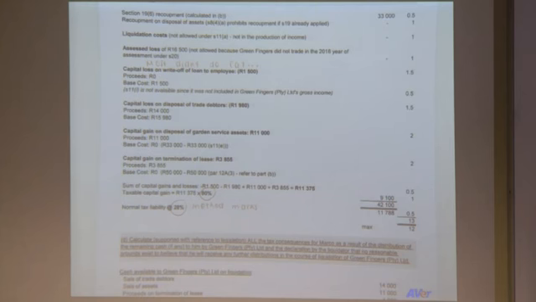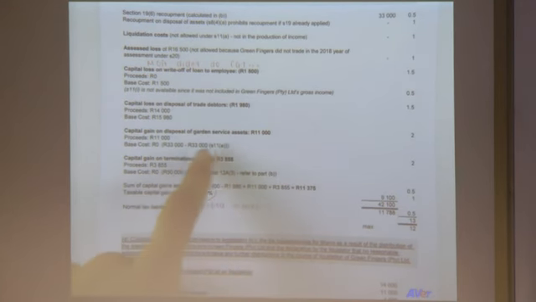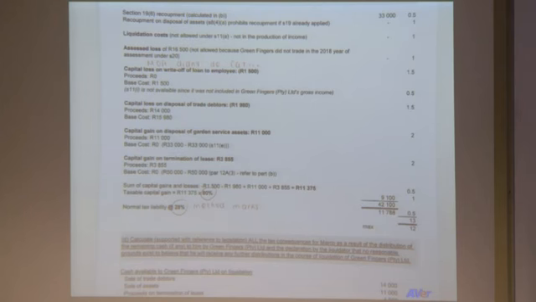Then there was a capital loss on the disposal of the trade debtors, and CGT on the disposal of garden service assets. Here, your base cost was 0 because we told you that the tax value was 0. They had already reduced the base cost in terms of all the Section 11(1)(e) capital allowances that they received. And then CGT on the termination of lease.